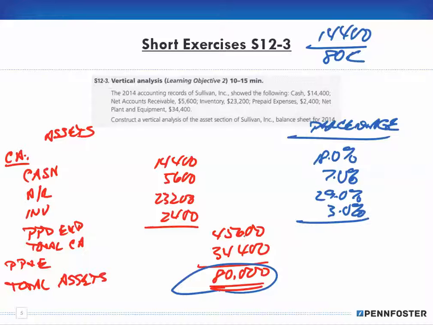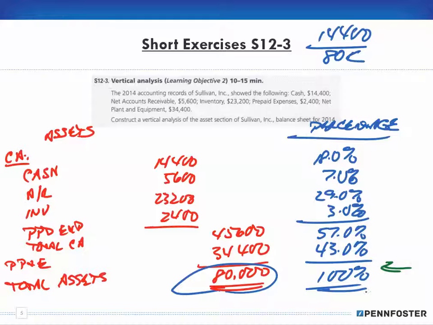Now I can add up these percentages and get the same percentage, or I could take 45,600 and divide it by 80,000. I'm going to end up with the same number of 57%. And then 34,400 divided by 80,000 is 43%, which means I have 100% for my 80,000, right? So since 80,000 is the basis, we assign that as 100%, okay?